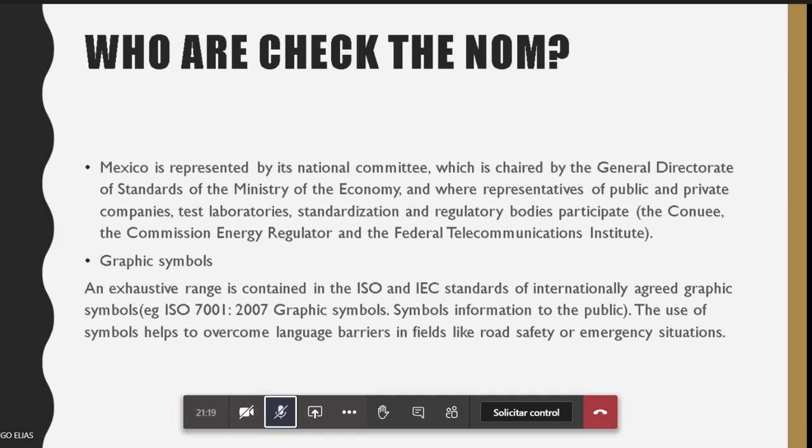Simple information for the public. They use the symbol to have the outcome language version of fields like road safety or energy and situation. Okay.